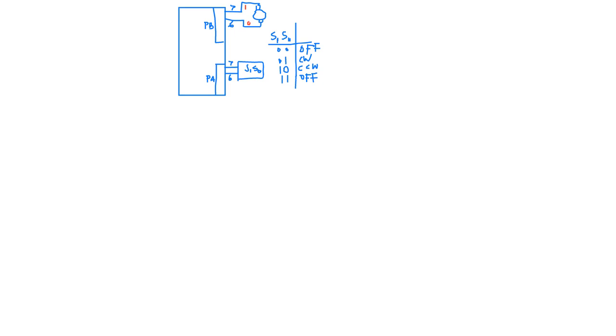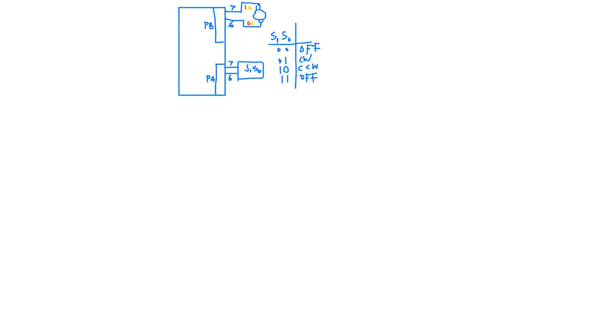If we send the opposite, this one 0 and this one 1, then it will move the opposite way, counterclockwise. For example, if the 7 bit is 1 and the 6 bit is 0 and the motor moves clockwise, then if we give the 7 bit 0 and the 6 bit 1, it will move anti-clockwise.